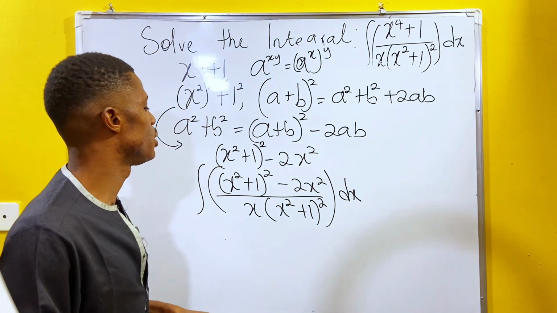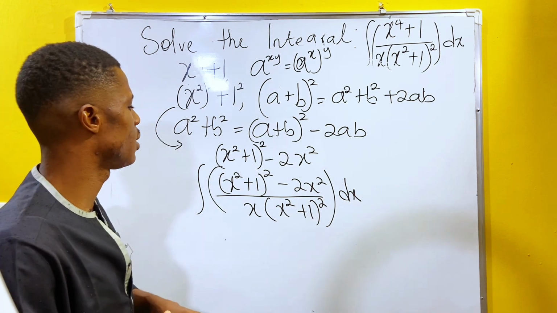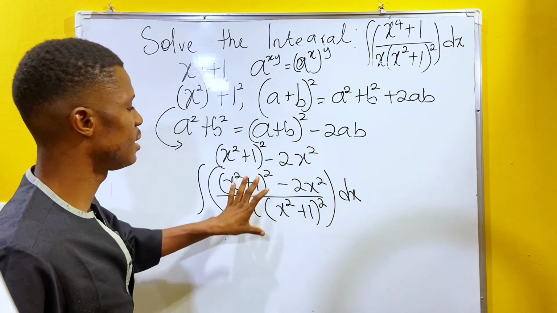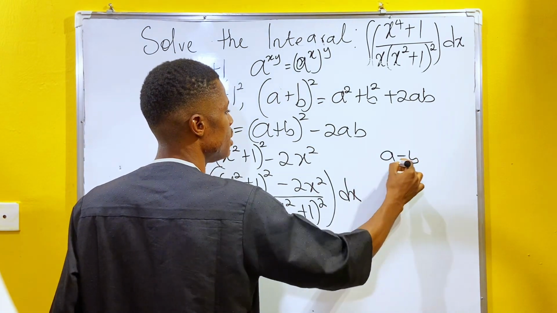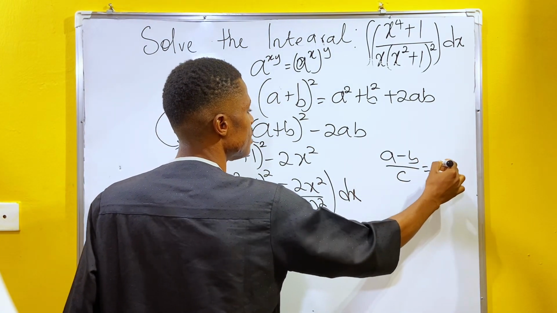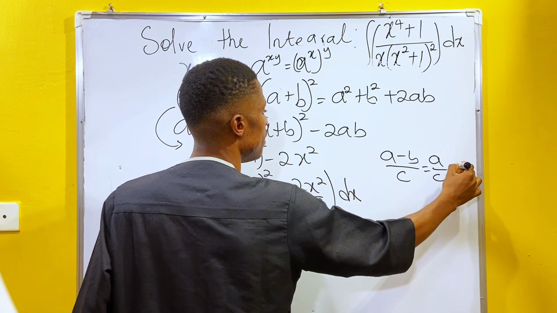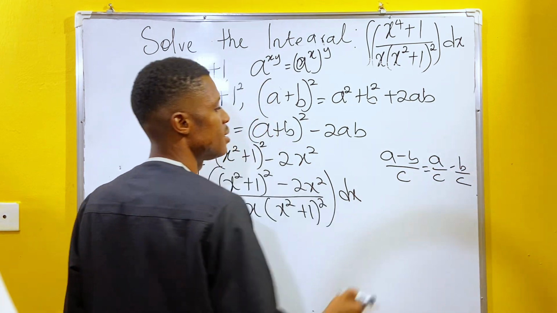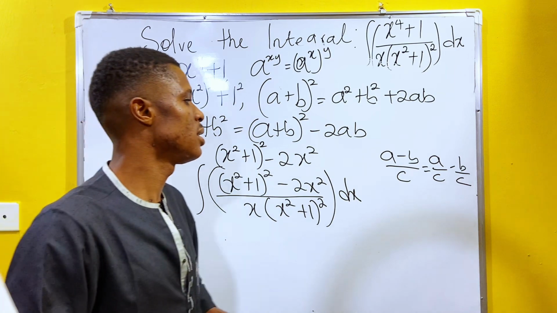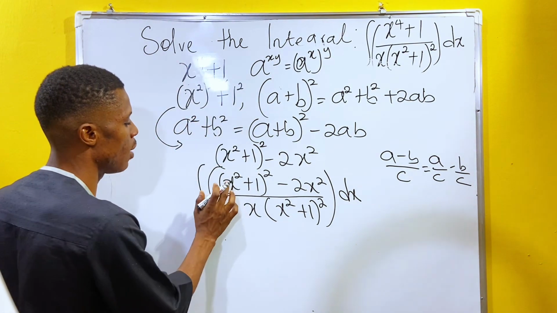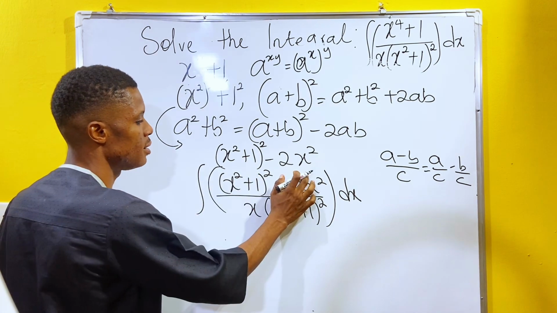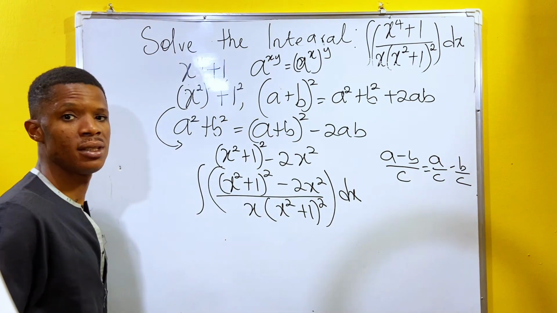Then the next thing we do is that if you look at this very well, we can actually split this fraction, because when you have a minus b over c, that is the same thing as a over c minus b over c. This is used in fractions. So here we can split it where our a is this, our b is this, and our c is everything in the denominator.